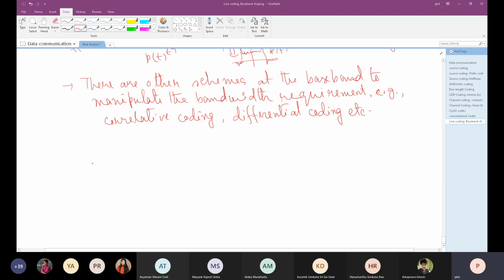So here the idea of correlative coding is that we have the signal, then we have a delay of TB, and then these two are the input binary.